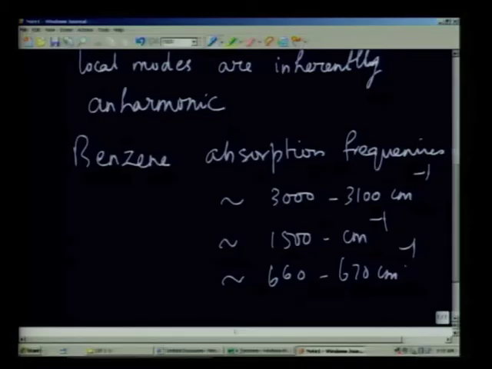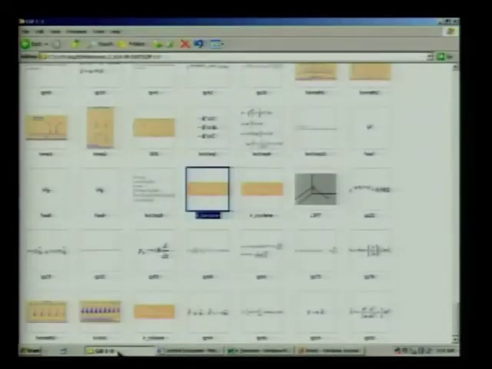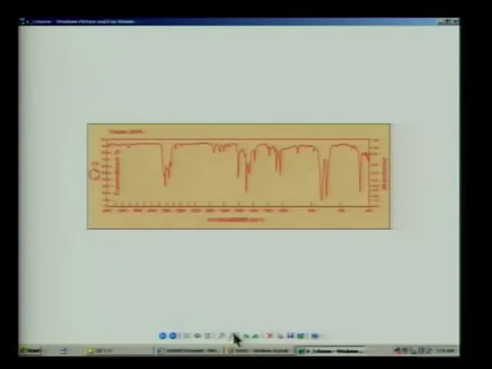3 frequencies. Now let me take a molecule which is close in structure to benzene. Let me take the structure of toluene.